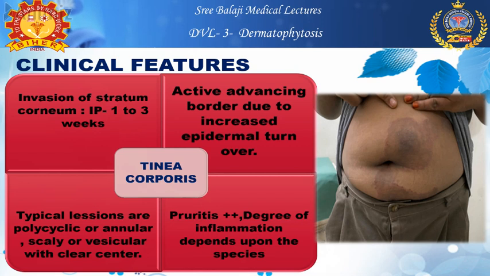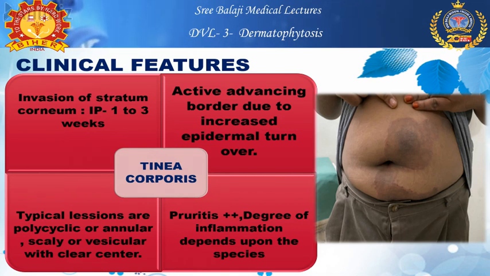Tinea corporis has different variants. Among the commonest types we see clinically is tinea pseudoimbricata, otherwise called tinea incognito, which is tinea modified by topical or systemic steroid usage. Patients nowadays usually go for over-the-counter treatment, and they start applying topical steroids which are available over the counter. After applying topical steroid, the inflammation will start coming down, and the patient will be devoid of itching.